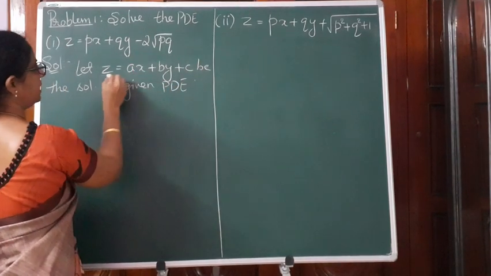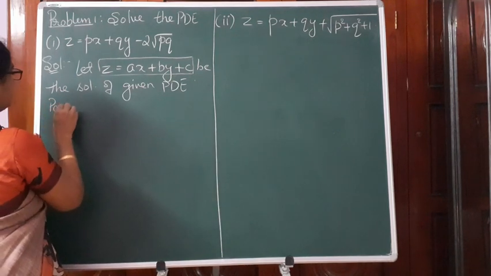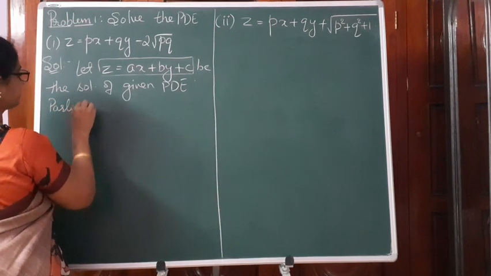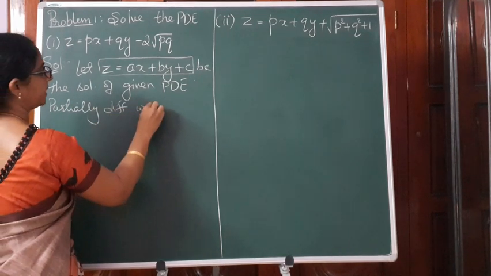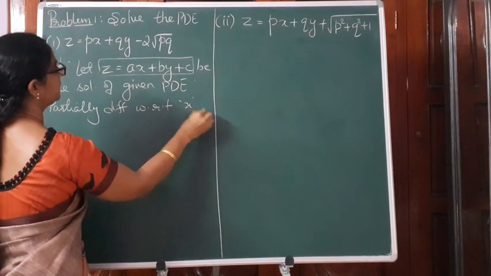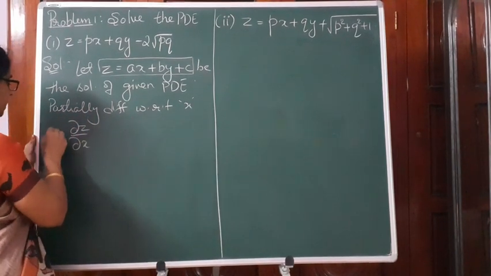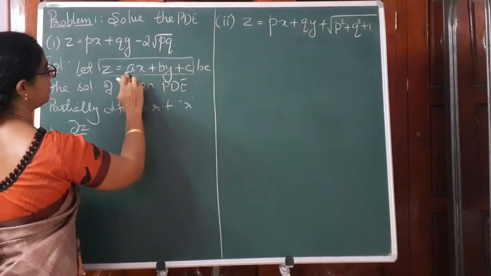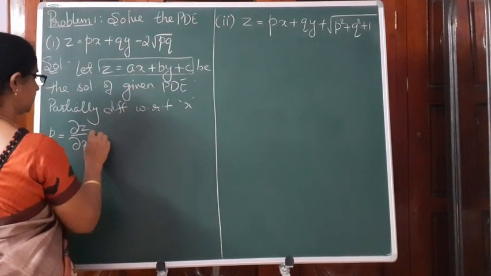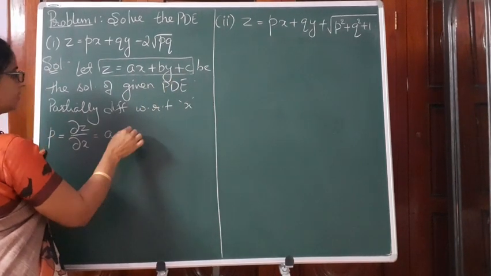Now differentiate this equation partially with respect to x. We get dou z by dou x. We denote dou z by dou x as p. Derivative of ax is a, derivative of by is 0 and derivative of c is 0. So p is equal to a.